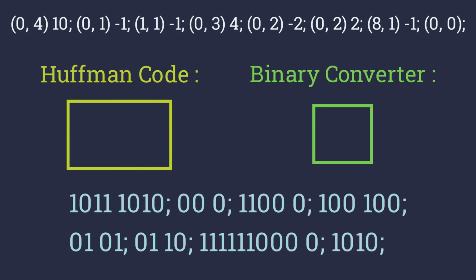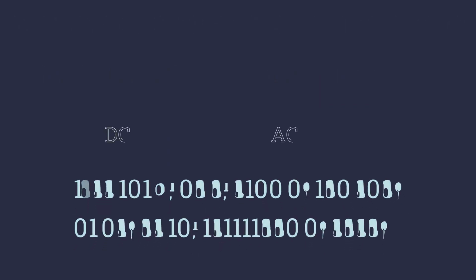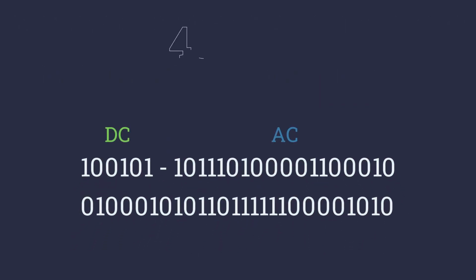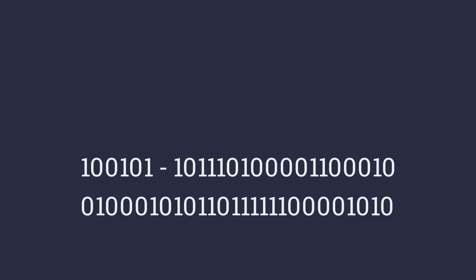And finally, we attach the encoded DC values at the very beginning, giving us a 49-bit string. That is all the information needed to represent 64 luminance values. That was quite the dose of information.